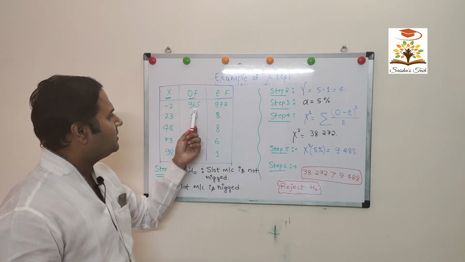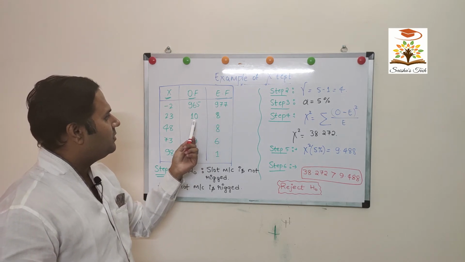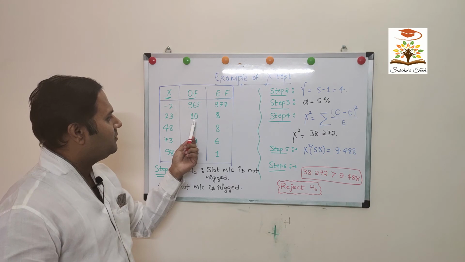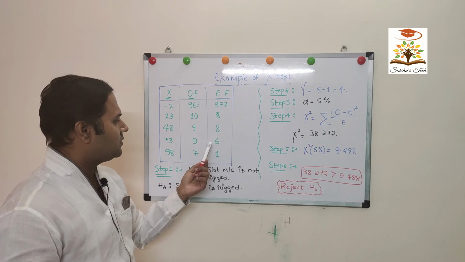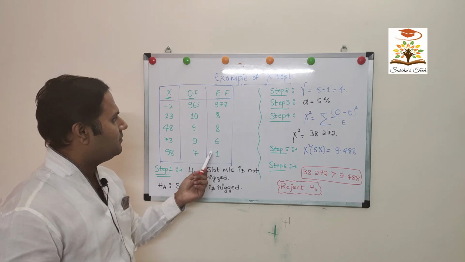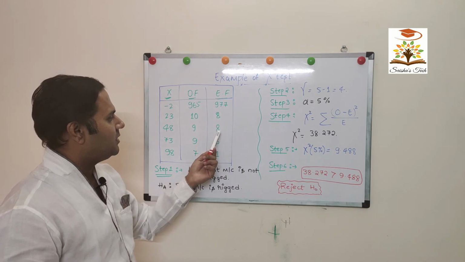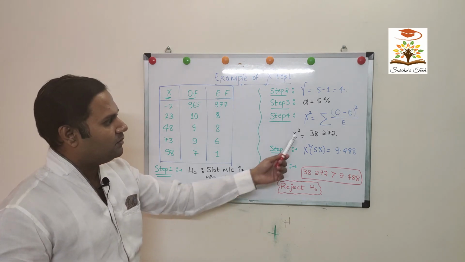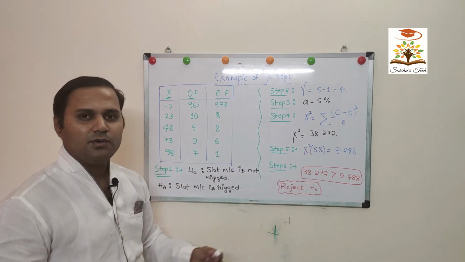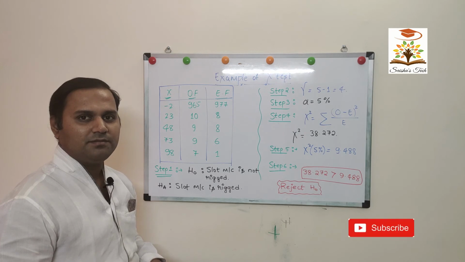For example, (965 minus 977) squared plus (10 minus 8) squared, (9 minus 8) squared, (9 minus 6) squared, (7 minus 1) squared, divided by the summation of 977 plus 8 plus 8 plus 6 plus 1, which is equal to 38.272.